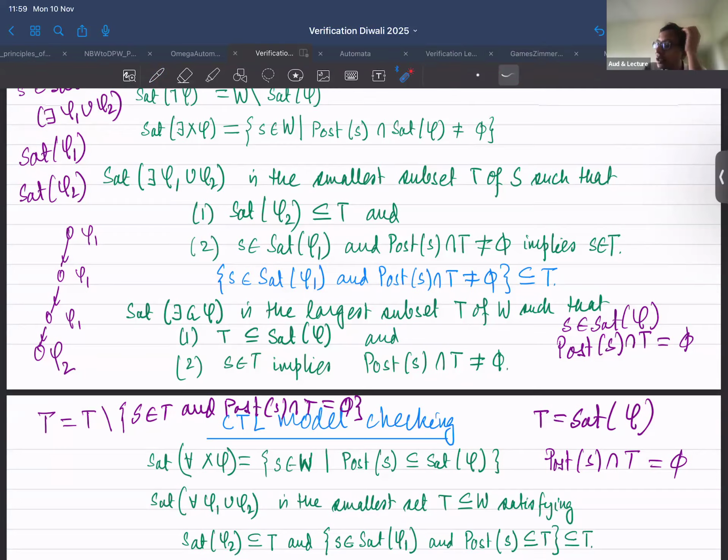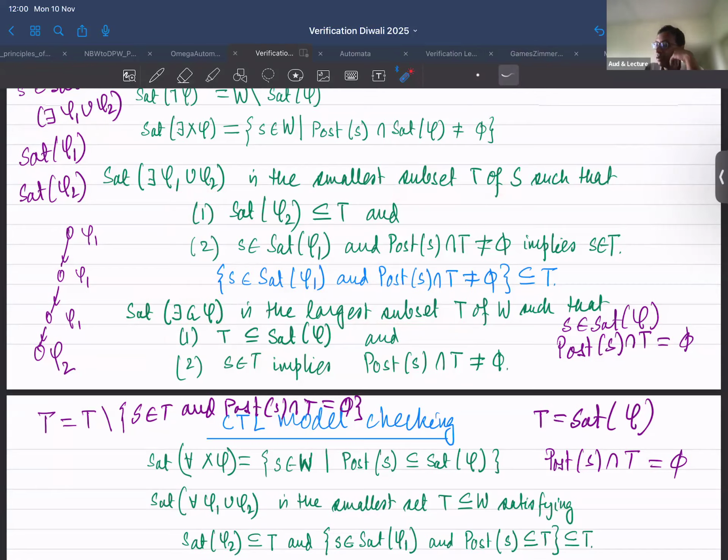So this will give us what is called a greatest fixed point, or hence this is a largest subset. So you start from something which is big enough and then you keep removing things in order to reach your final solution. So this is called a greatest fixed point or a largest subset which will satisfy this property. Whereas in this case, we started with something which is the phi 2 and this was a small set, and with that we started adding things to it, and finally we reached this set T.